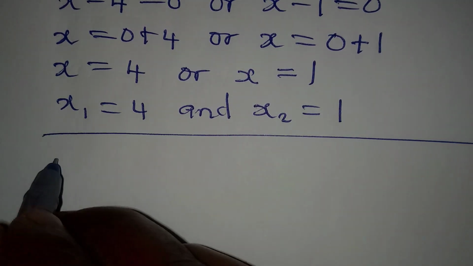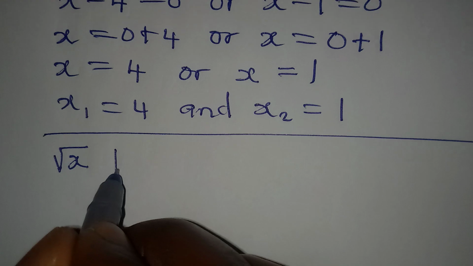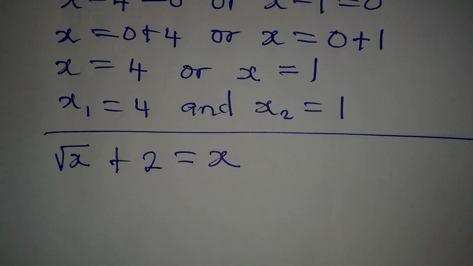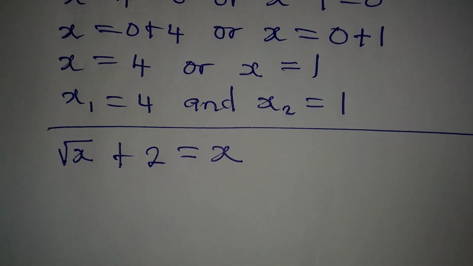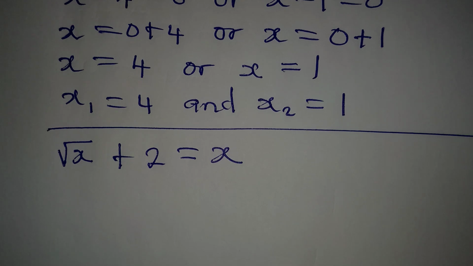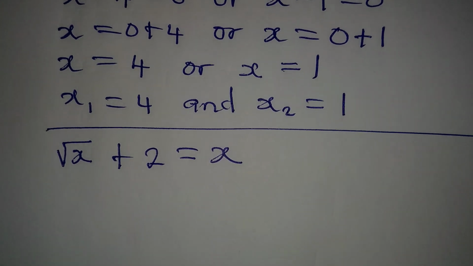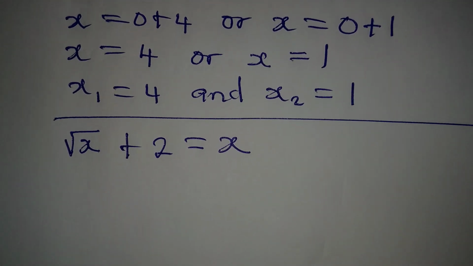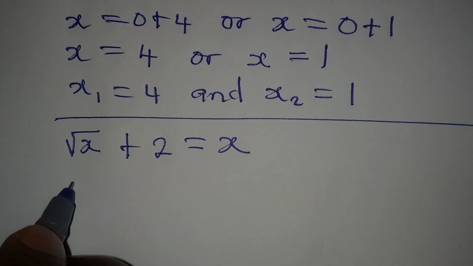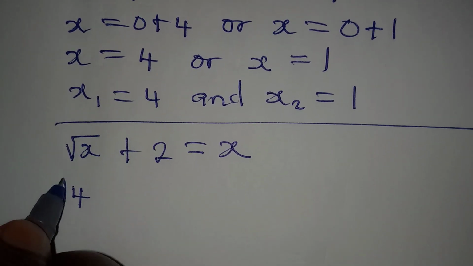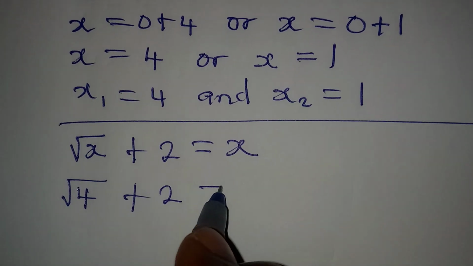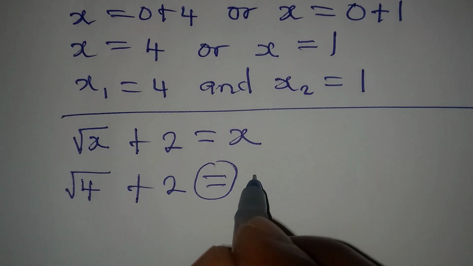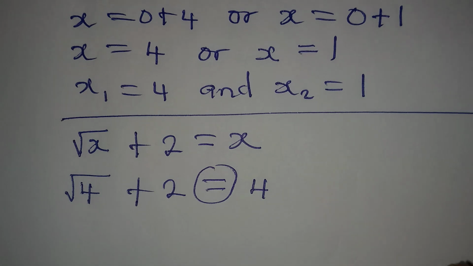The original equation is square root of x plus 2 equal to x. Now, this checking is very important because it helps to make you understand whether you're right or wrong, right? And at the same time, in the process of trying to check your work, you will also learn. Okay, now we have x1 to be 4, so I can put in 4 here, as I have square root of 4 plus 2 equal to, this may not be equal to that, so let me circle it, and then we have x is also 4.